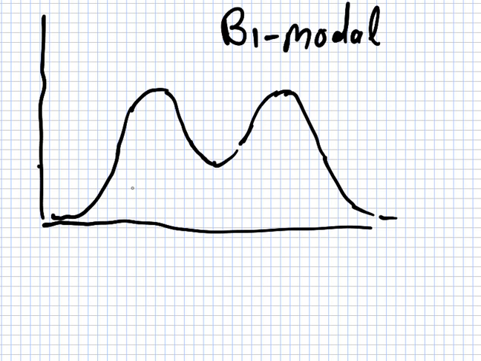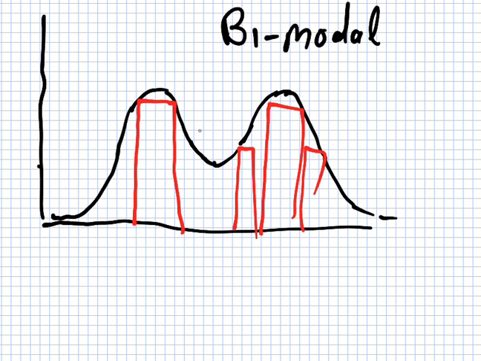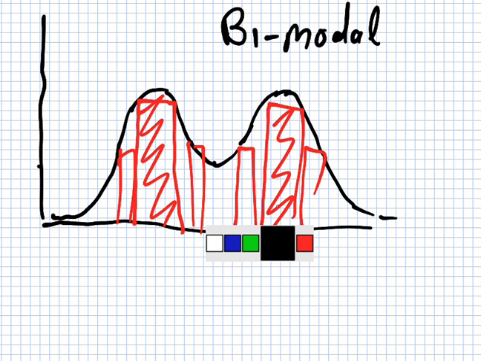You remember what mode is? What does mode mean? Most frequent, yeah. So if you have 2 big fat bars here, and then smaller bars to the side, this one has 2 modes. This is a mode and this one's a mode. There's 2 maximums. This is bimodal.